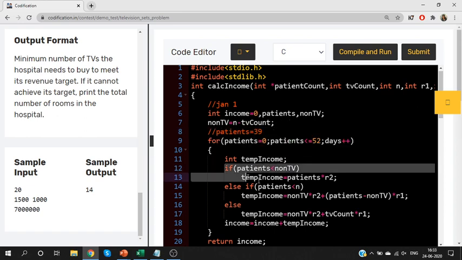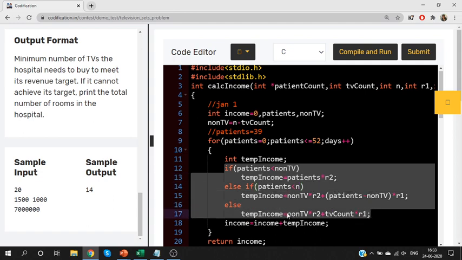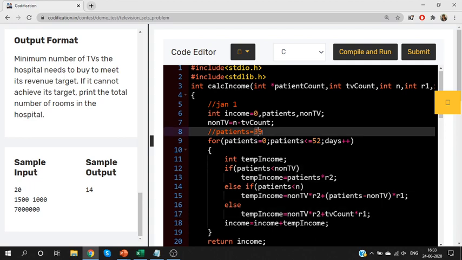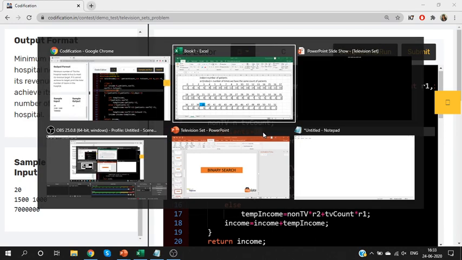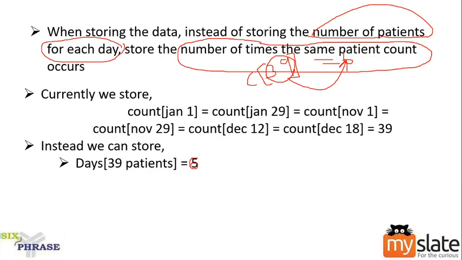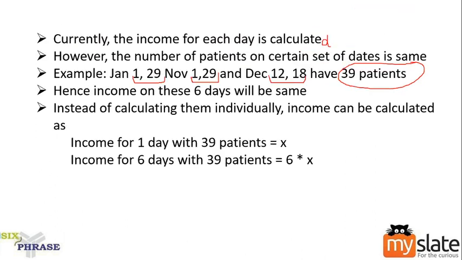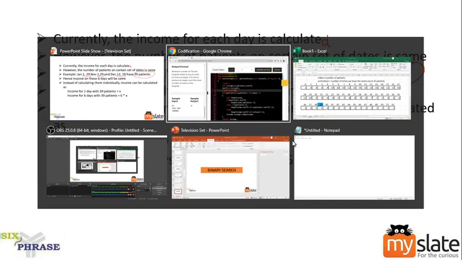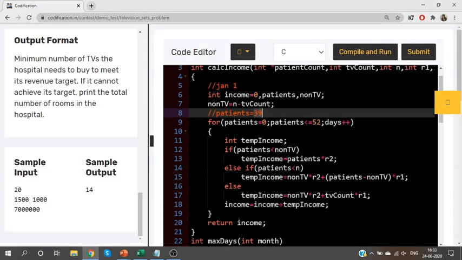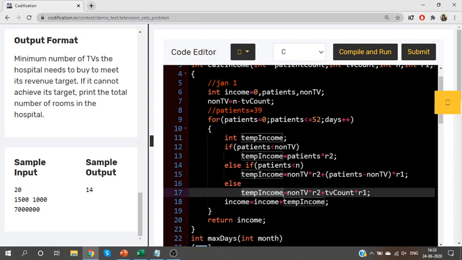I will do all the calculations and I will know the temporary income. Temporary income for 39 patients. As we discussed already, income for one day with 39 patients is X. So I have the income for one day with 39 patients as temporary income.